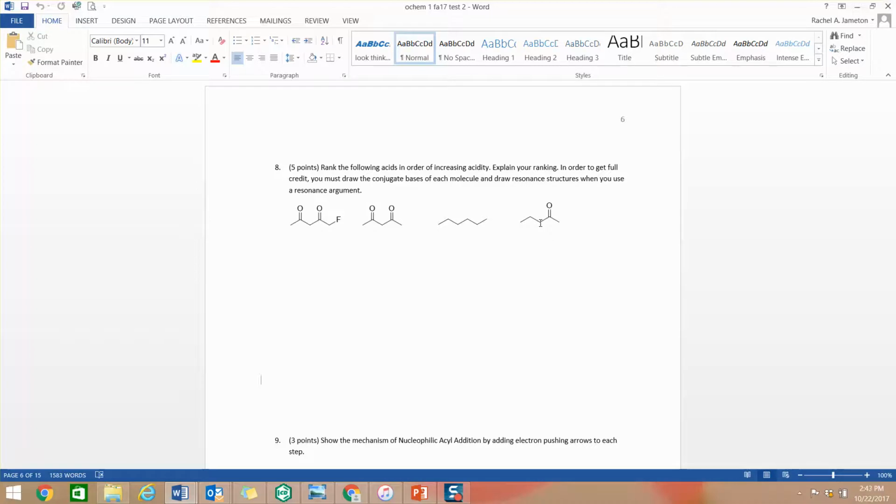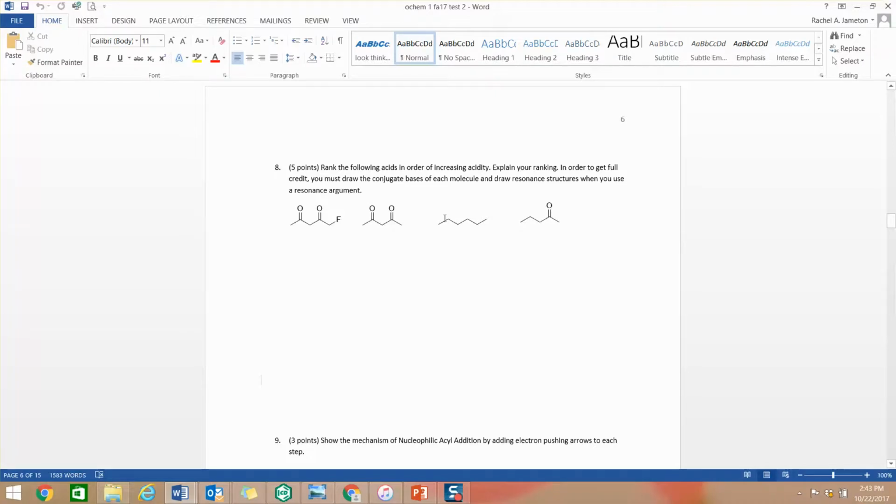So what I was looking for is the correct conjugate base, and then the resonance structures that you can draw that show that this one and this one, the two on the left, have more resonance structures that you can draw and are therefore more stable conjugate bases, which means that these acids, these starting materials, are more acidic than the one furthest to the right.